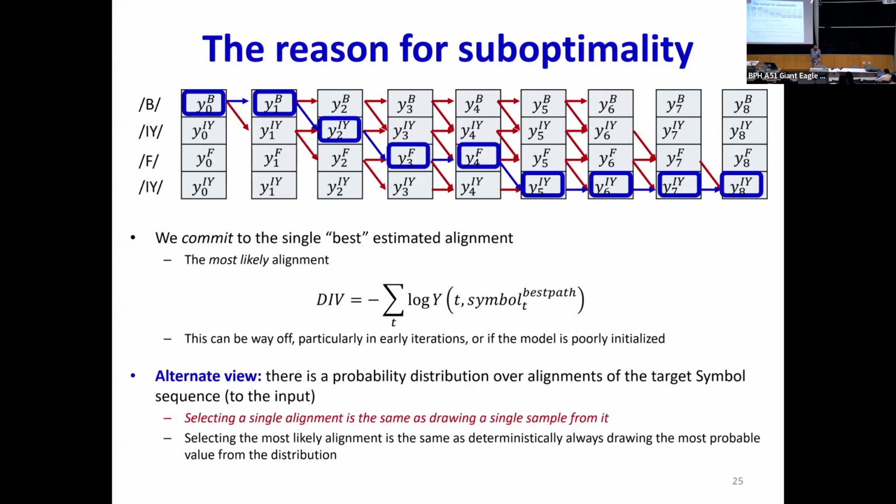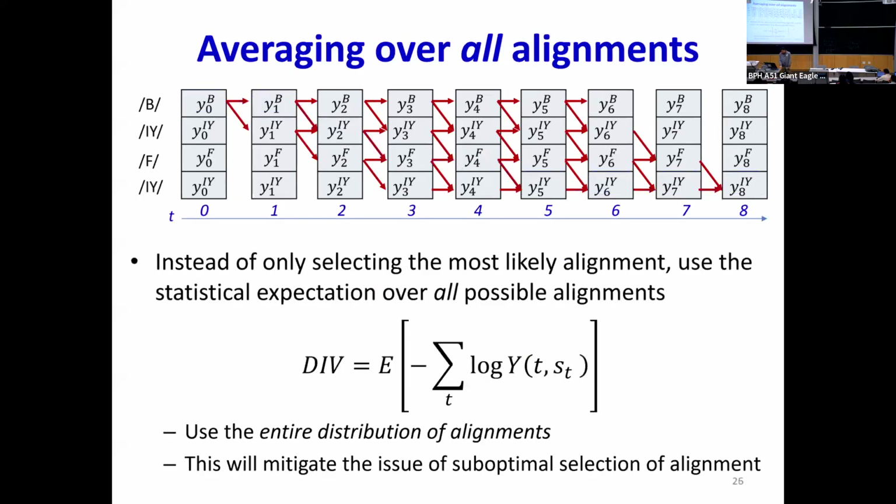If I can compute this, then I'm not committing to any single alignment. I'm considering all possible alignments. That makes sense to you guys? Right? And so that's what we're going to do. We're taking the expectation of the loss over all possible alignments.